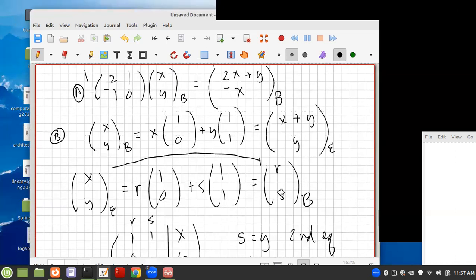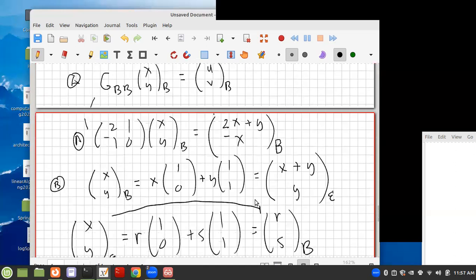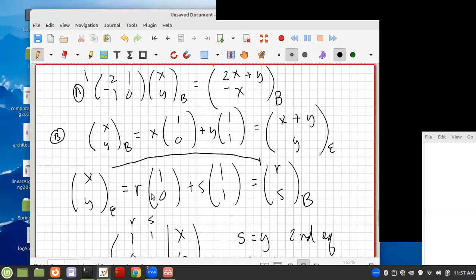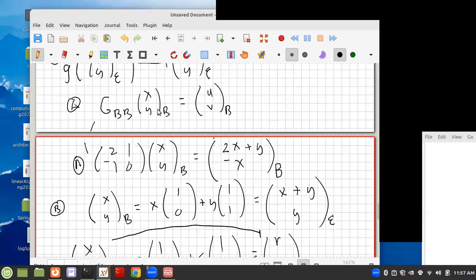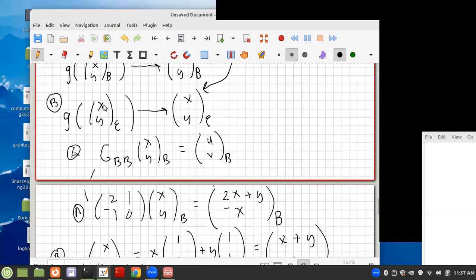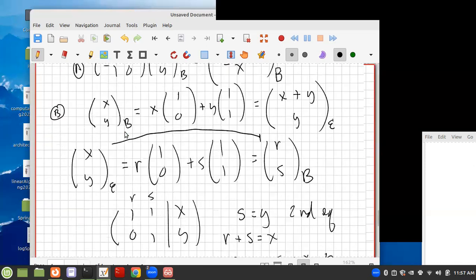Okay, let me say it again. We want to find this, so we have to start from a vector in the standard basis and find its representation in basis B. That means writing it as a linear combination of vectors in basis B and solving for r and s, the coefficients.